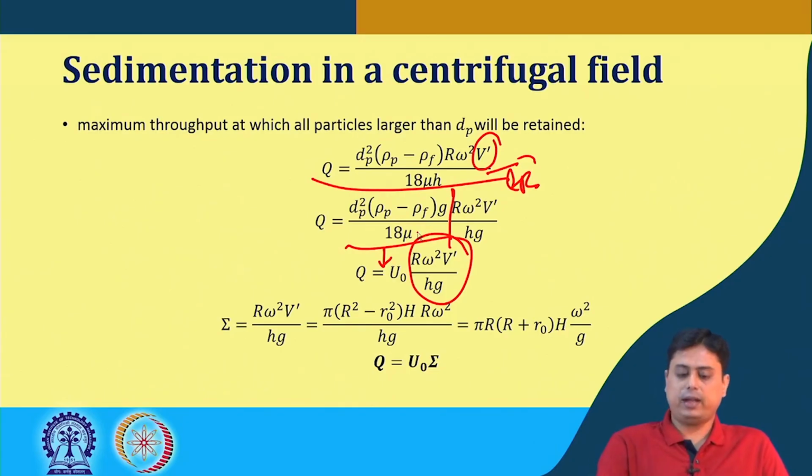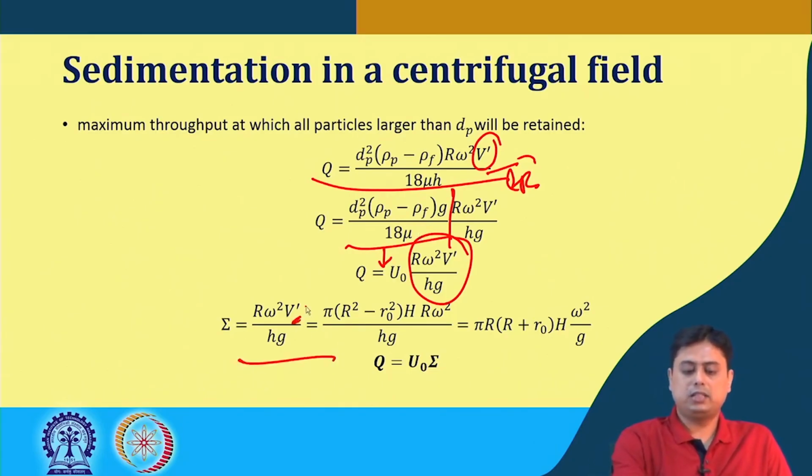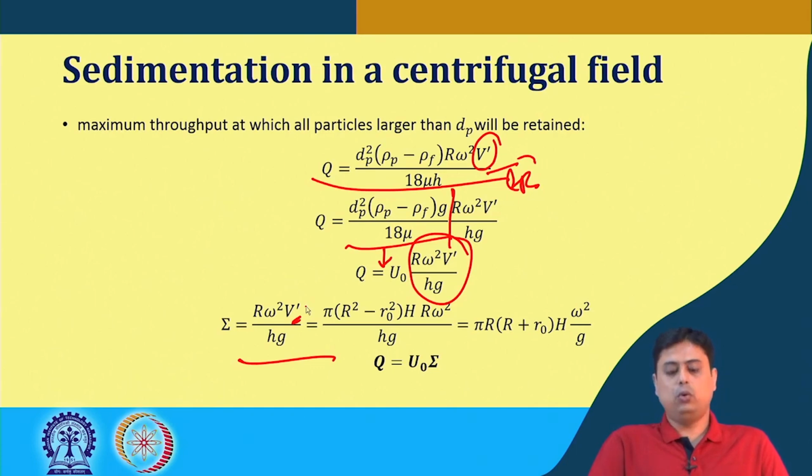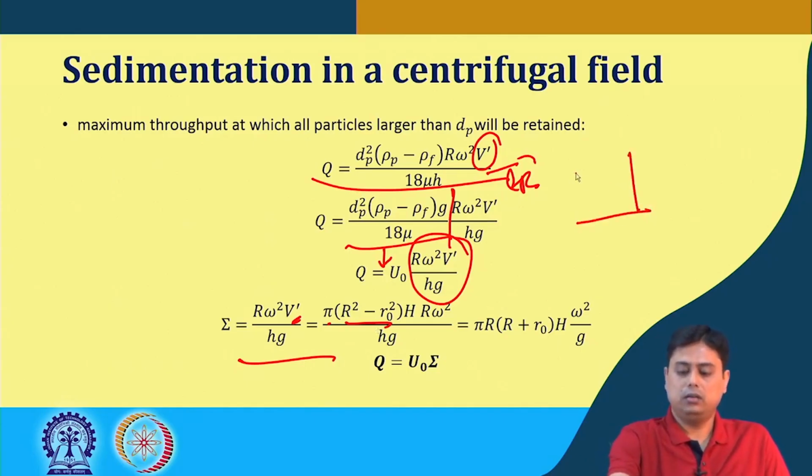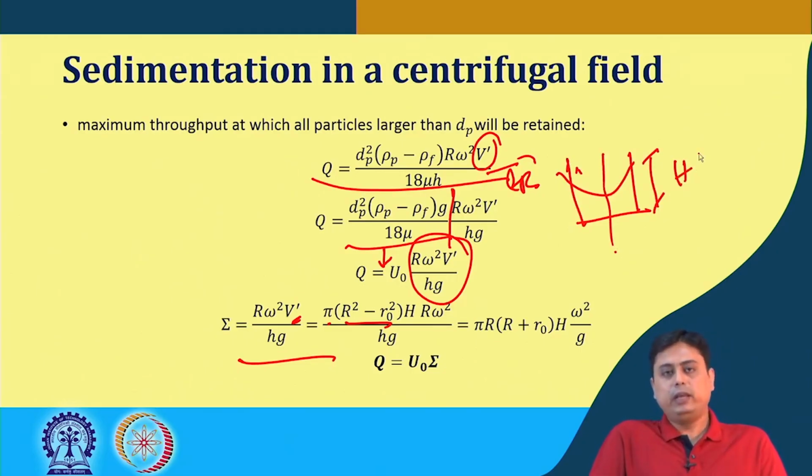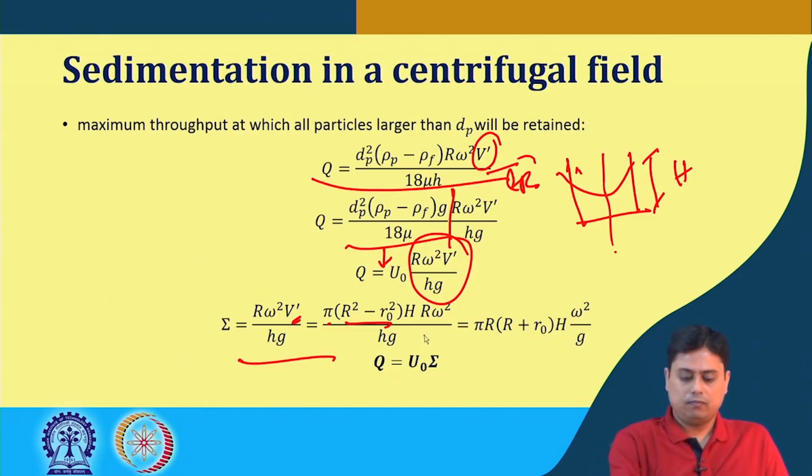Now, this capacity factor is nothing but if we expand the V prime, which is the volumetric hold up of the liquid, which is nothing but pi times the radius difference R square minus r0 square multiplied by h. h is the axial depth of this liquid, because this is the volume of that liquid film that it travels, and this multiplied by R omega square divided by h g.